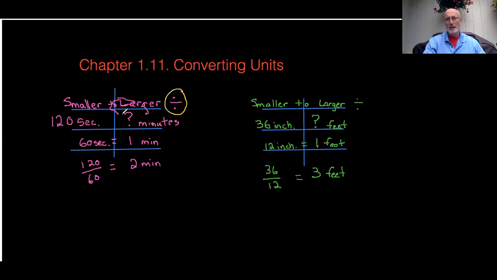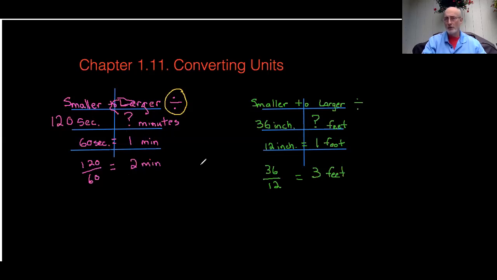Well, you can't divide this, this is the question. And every time, just remember, you're never going to divide one. So what's left is these two. If I take 120 seconds and divide it by 60, I get 2. That's my answer. 120 seconds converts to 2 minutes. And that's the formula. That's how you convert smaller units to larger.